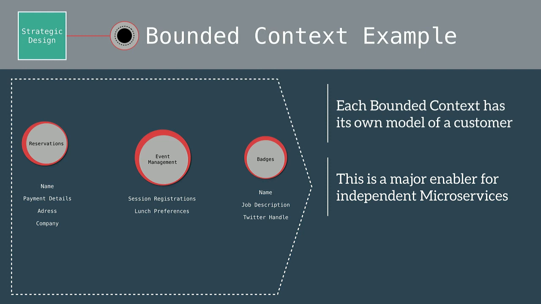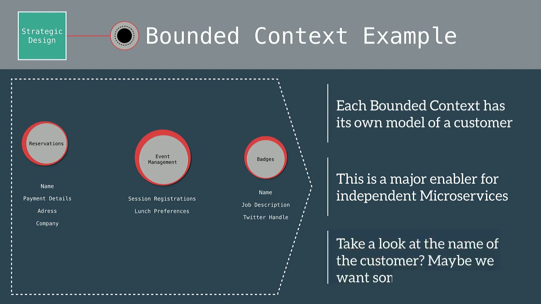If you really want to be able to deploy independently, to give teams the empowerment of going away from project thinking towards product thinking, this is a big, big enabler. Because let's say the badges team in my example, one team, writes one microservice for the badges. They don't necessarily have to care about what's happening in the reservations, for instance.